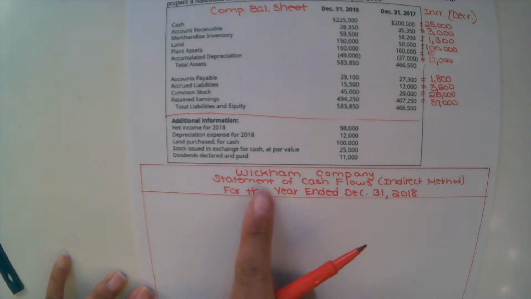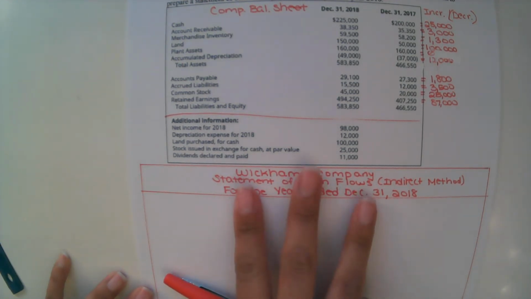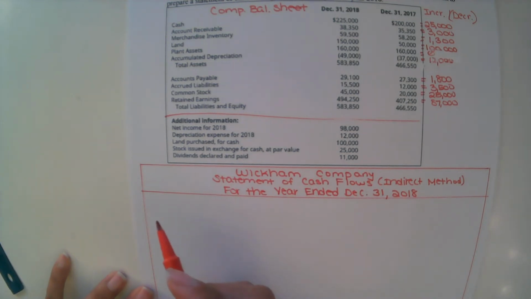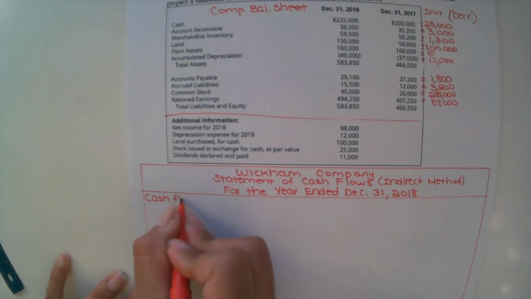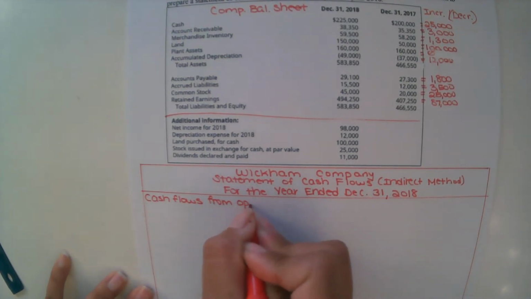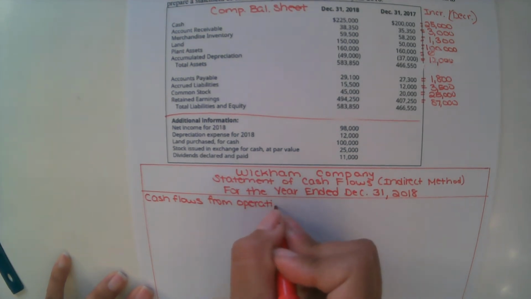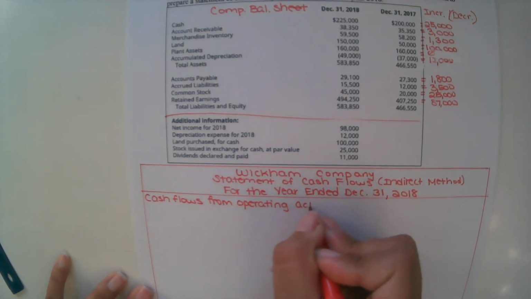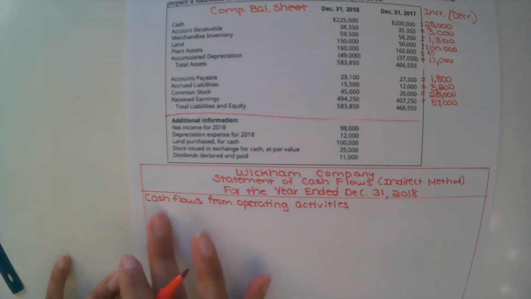All right, we said the statement of cash flows has those three main sections, operating, investing, and financing. So we'll start with operating, and we say cash flows from operating activities. I guess I shouldn't be lazy, I'll write it out. So we just identify what the user is reading.